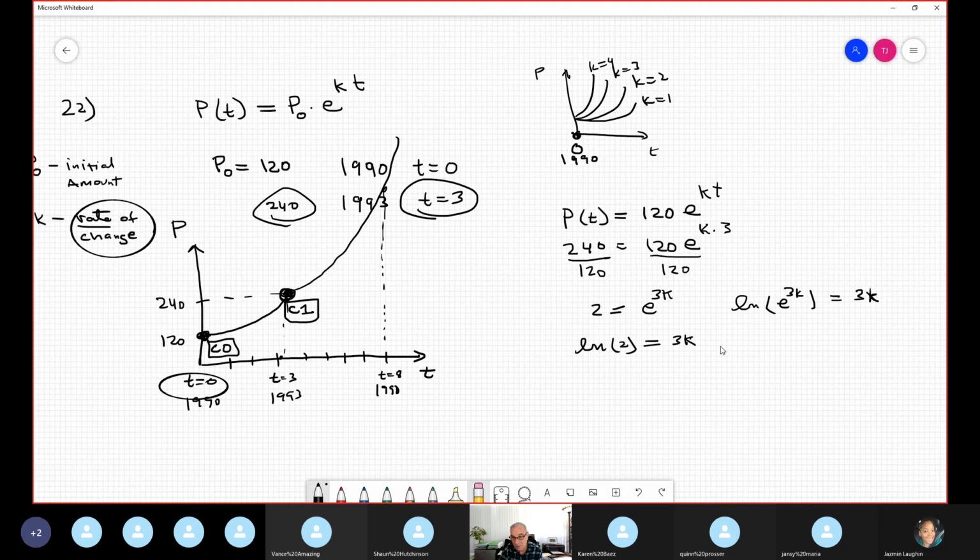Why? Because of property number 3: applying a logarithm and an exponential on the same base undoes each other. I don't want to say cancel out like that, it's not good, but this is the intention. Finally, natural logarithm of 2 over 3 is k.